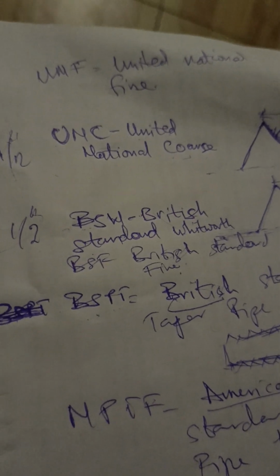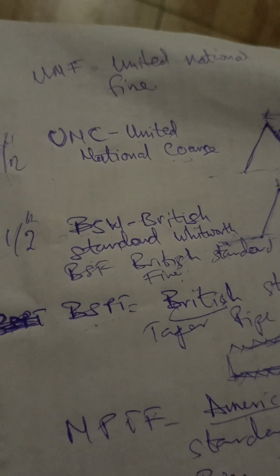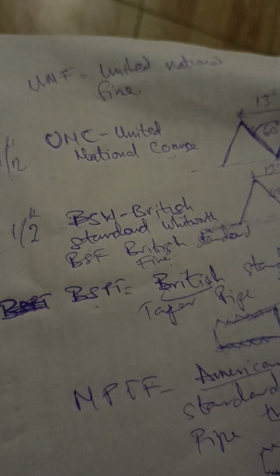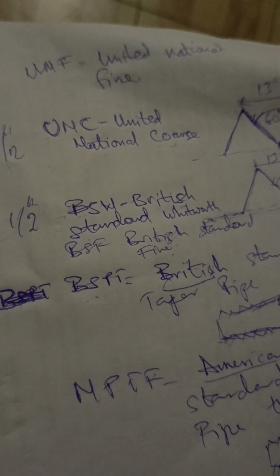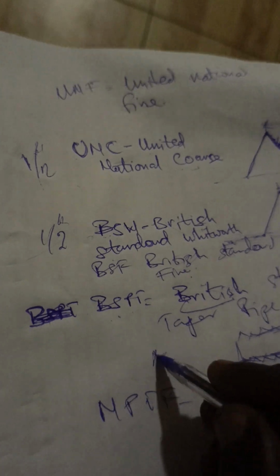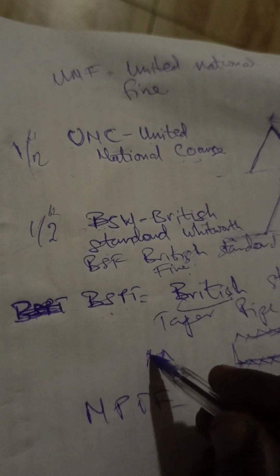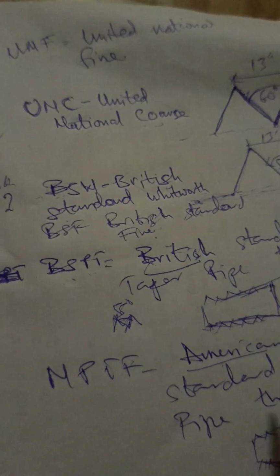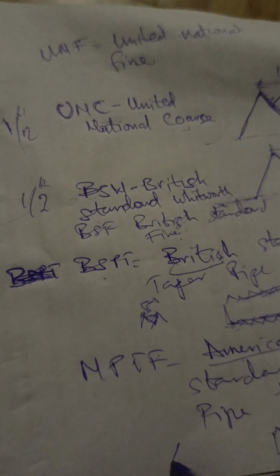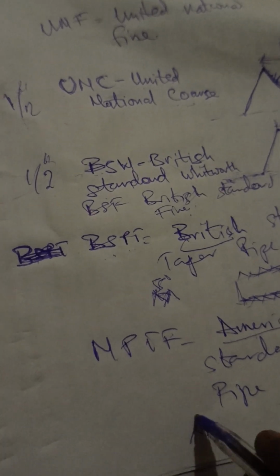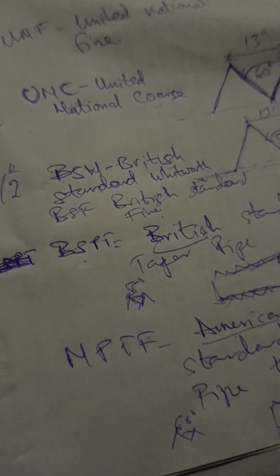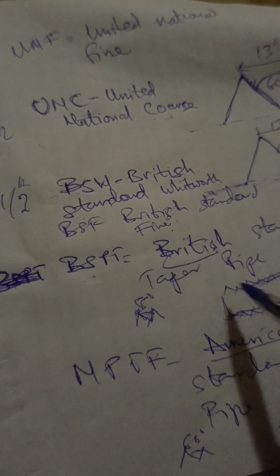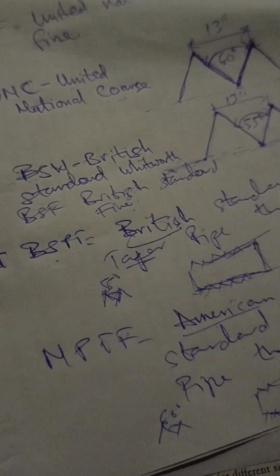Notice that most of the British threads, the thread profile is 55 degrees, and every American thread, the thread profile is 60 degrees. You have to take note of it. But this one is a taper thread. The key word is taper. This one too is taper.